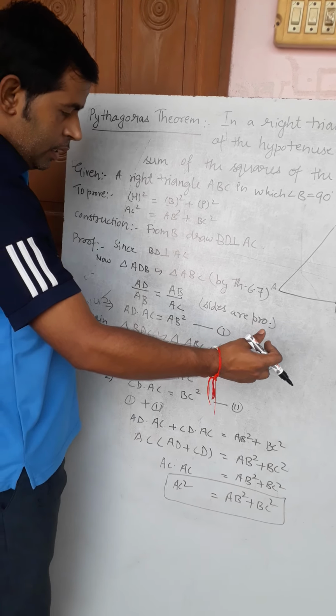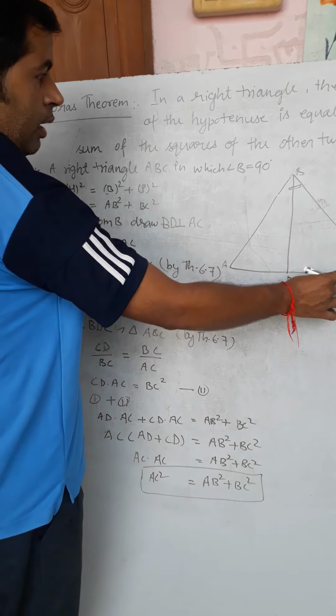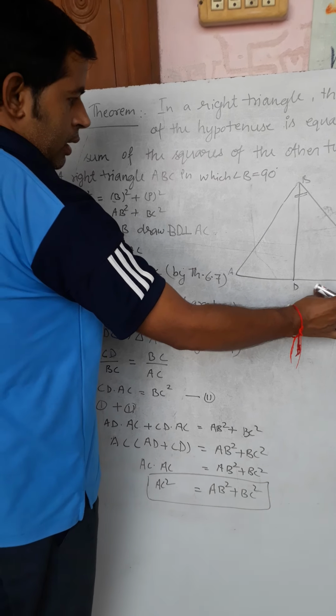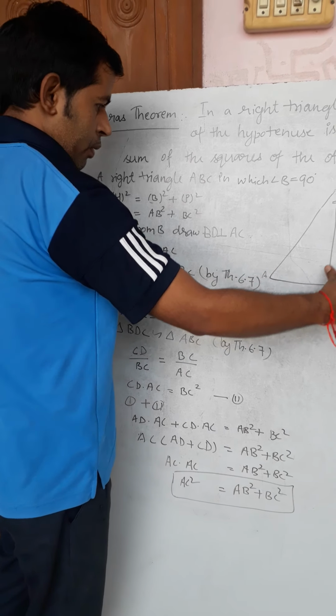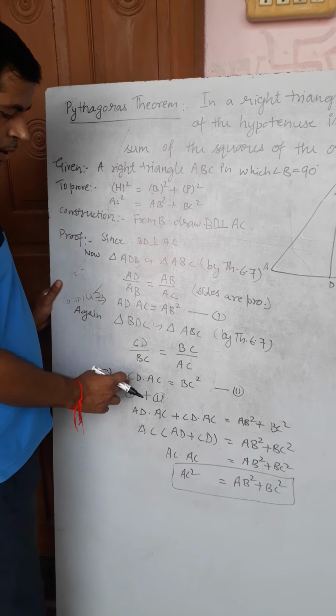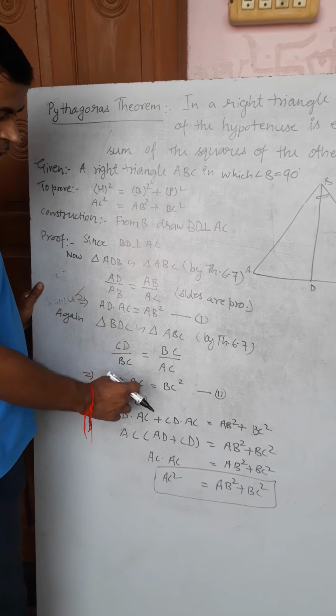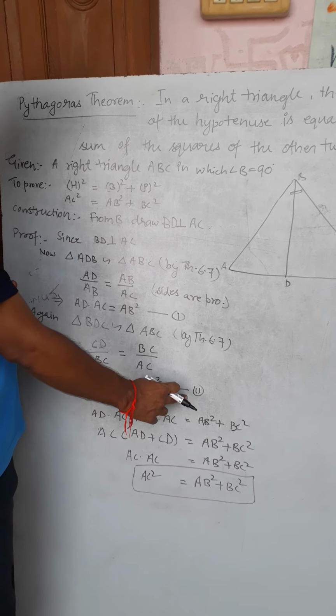So whatever the left side, that is CD, and the remaining side is BC, so CD upon BC equals BC upon AC. Now again we cross multiply, so we have CD into AC equals BC into BC, that means BC square. Let this be equation second.